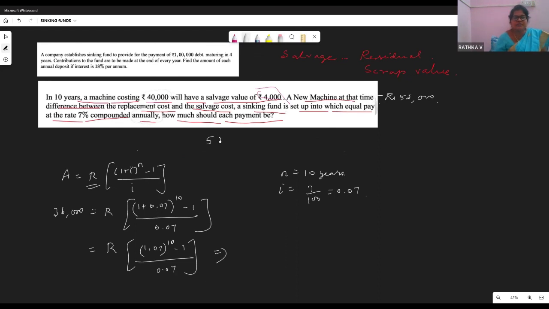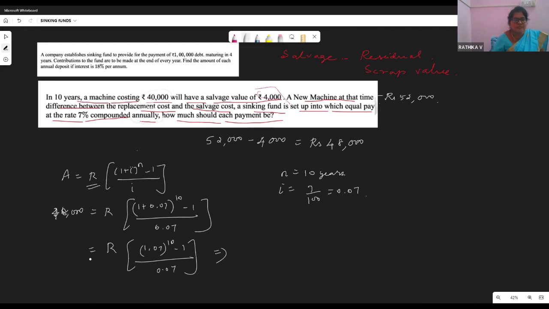Expected is 52,000, and 4,000 only for the 40,000 rupees machine after 10 years, the amount you get when replacing it. So you subtract 4,000 and you get rupees 48,000. I change it here since this is 48,000.